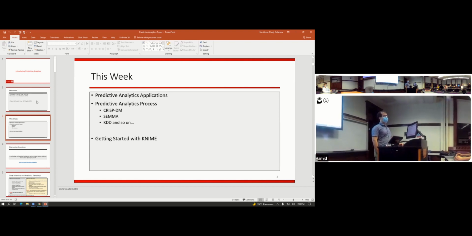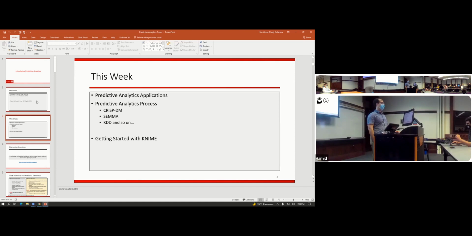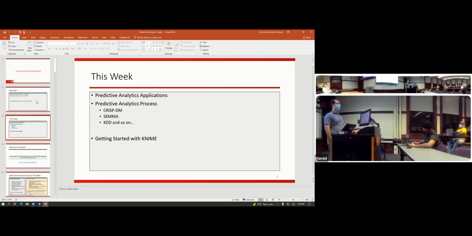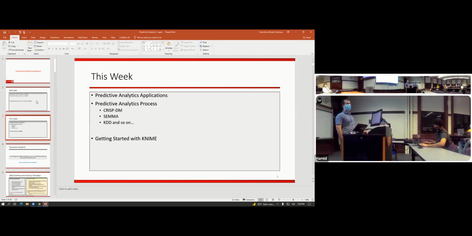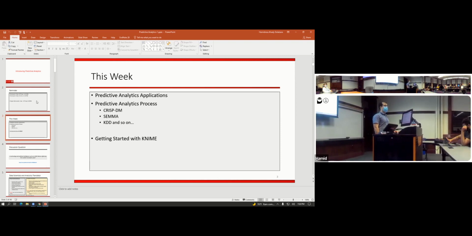Basically, there's a lot of similarity in predictive software or programming languages. So if you are happy with Python or R, you can, for this section, do it through Python or R instead of KNIME. However, you're more than welcome to do it through KNIME, and I think it's pretty easy and straightforward.